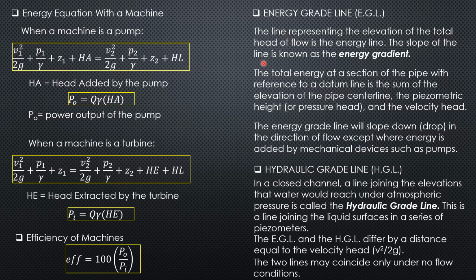So they coincide. But in general, the energy grade line is above the hydraulic grade line by a distance equal to the velocity head. That's why when the velocity is zero, there's no flow, then this is zero. So that's why the energy grade line and the hydraulic grade line may coincide.